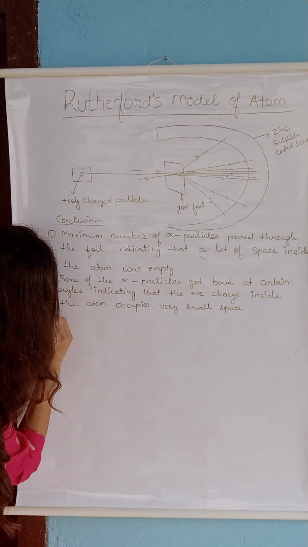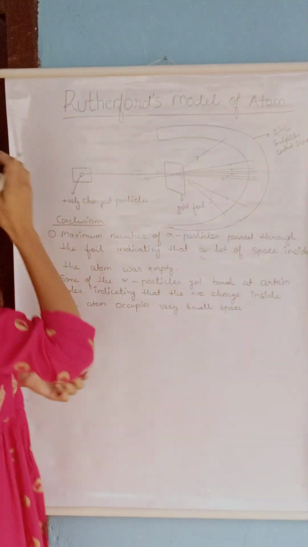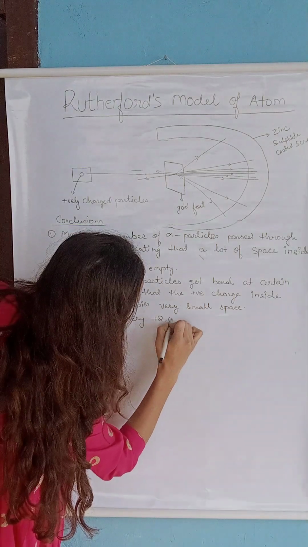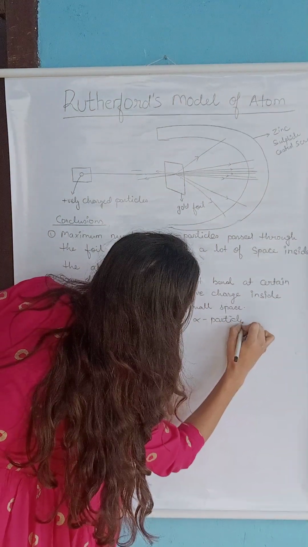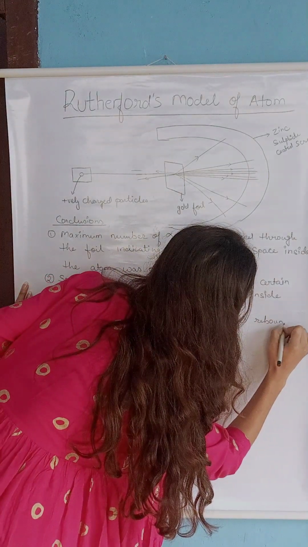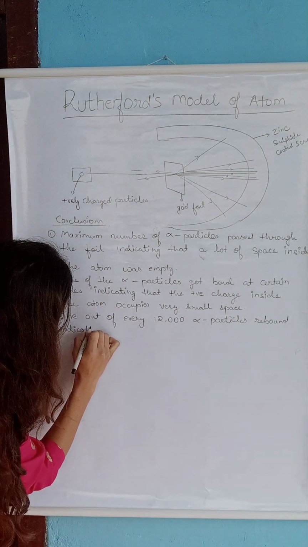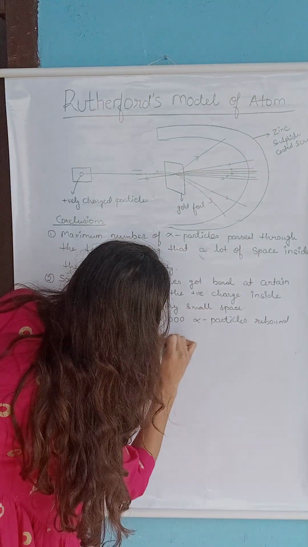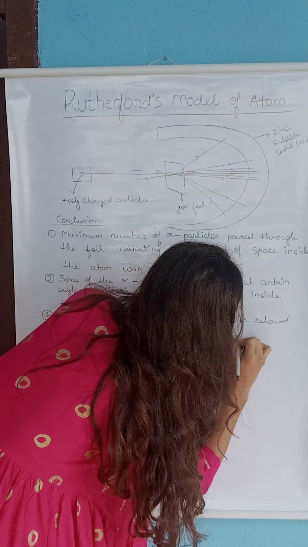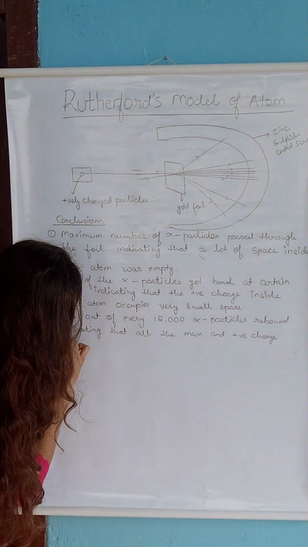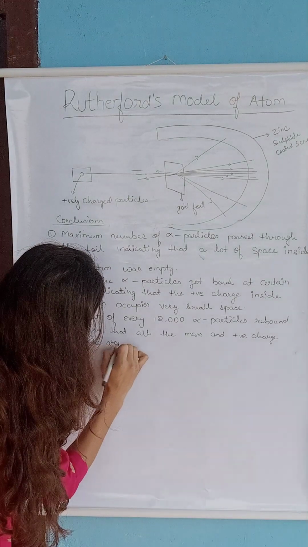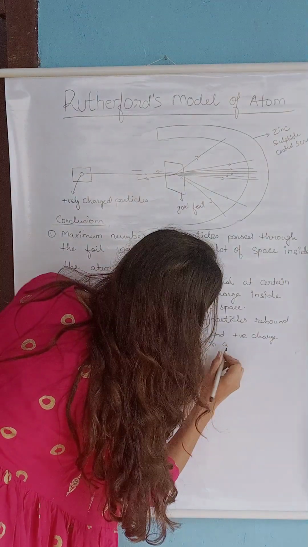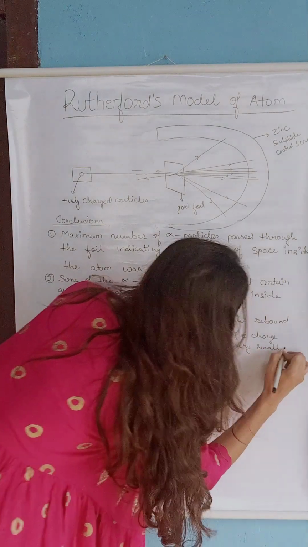The third conclusion, on the basis of the third observation, was that one out of every 12,000 alpha particles rebounded, indicating that all the mass and positive charge inside the atom was concentrated in a very small volume.